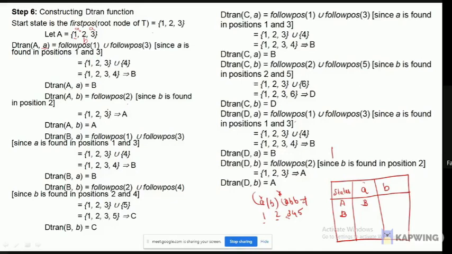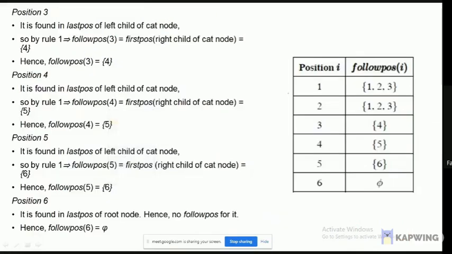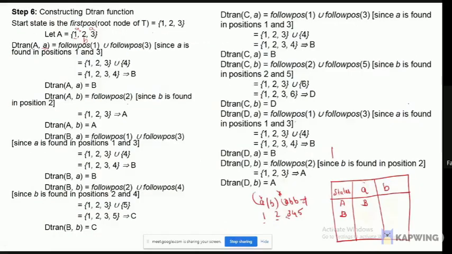Follow position of 2 is 1, 2, 3 according to this table, which is nothing but A, the same state. So we can write here A. So we processed state A's transitions.